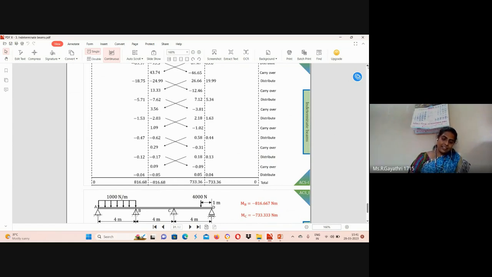Consider span CD. We can expect two reaction forces RC and RD. We can tell RC plus RD is equal to 4000, upward reaction forces equal to downward external force 4000. First equation. Then we can find the moment about C. So RD into 4 minus 4000 into 3 is equal to 0.